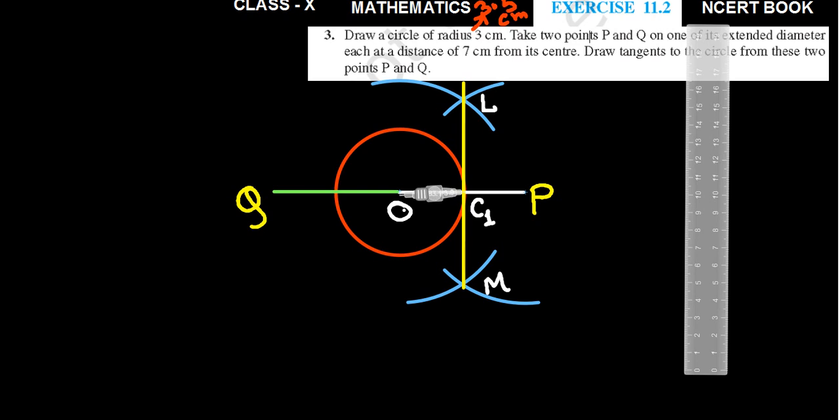Okay. Now draw a circle and look where this white circle, look here, we will have to draw a circle of radius.